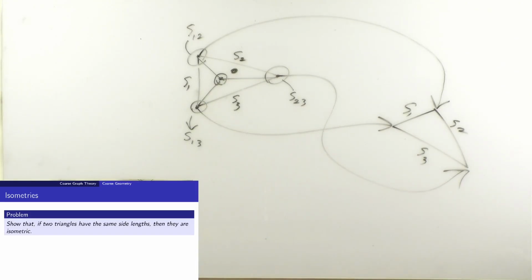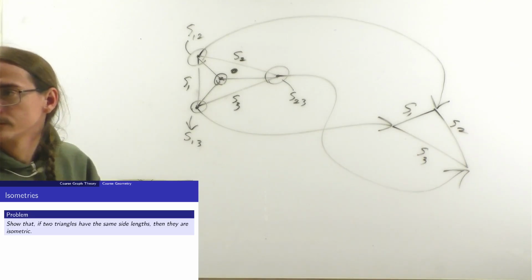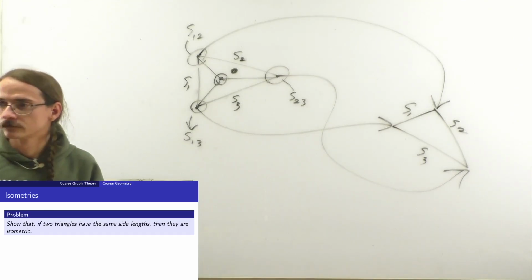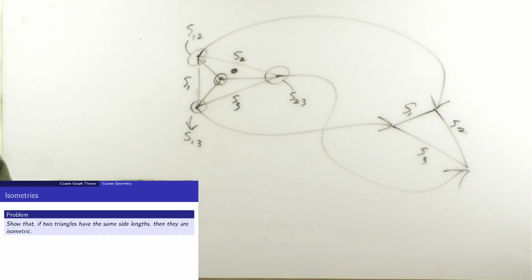So this triangle, the way you draw it, it kind of forced the mapping. Exactly. If the triangle were isosceles, you would have some options, but as soon as you have to fix 3 points, then you've fixed everything.